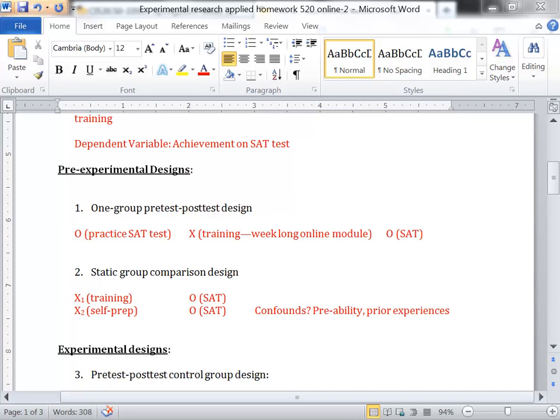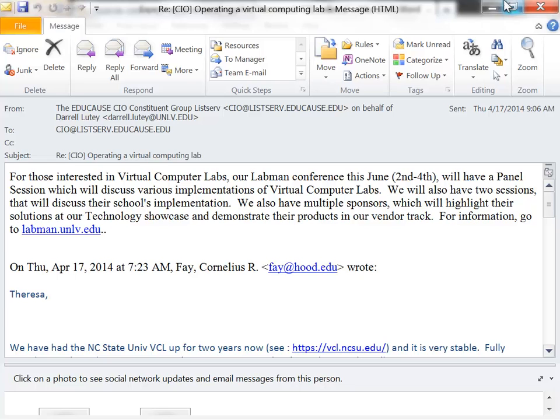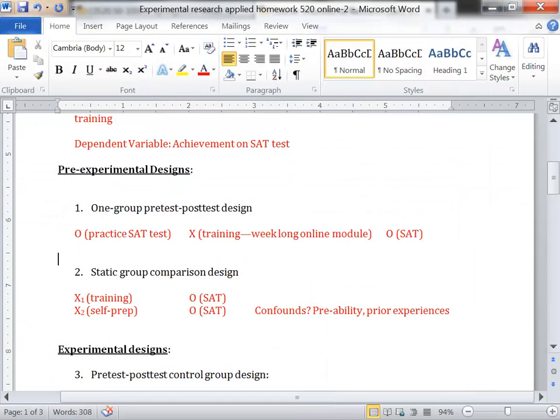Perhaps they're applying to an Ivy League college, and whether they're in the self-preparation group or in the training group, it's obviously going to impact the overall effect of how that training or self-preparation is perceived on the SAT achievement.